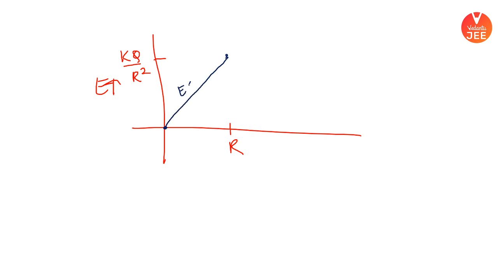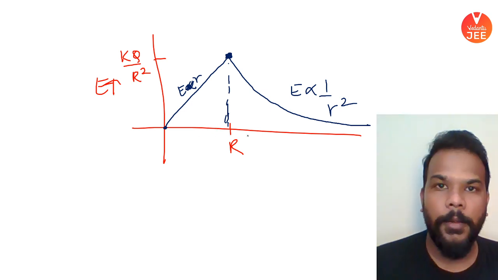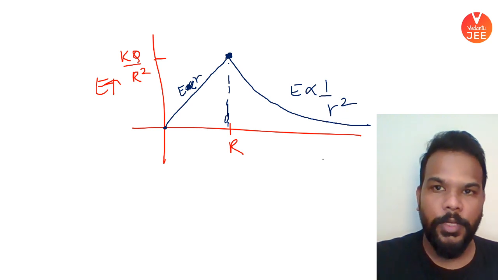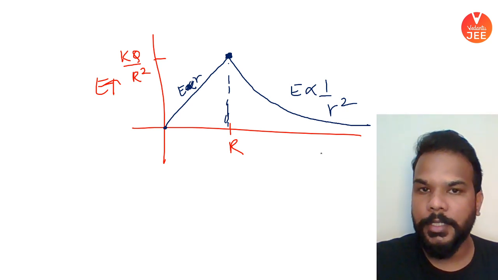So E is directly proportional to r, and then it goes inversely proportional to r square. Okay, guys, I hope you are understanding this part. This is how the electric field variation will happen for a solid non-conducting charge distribution.